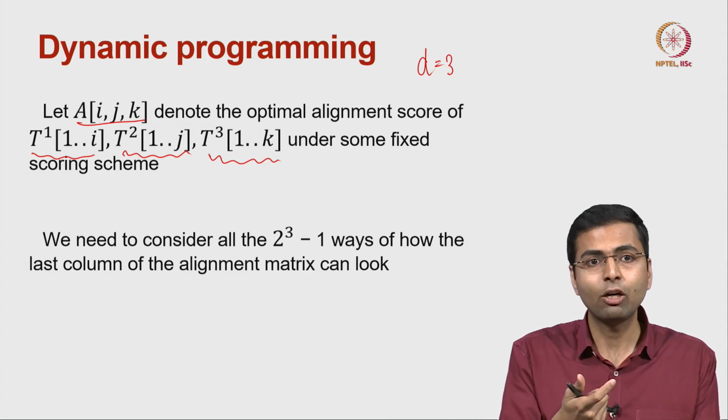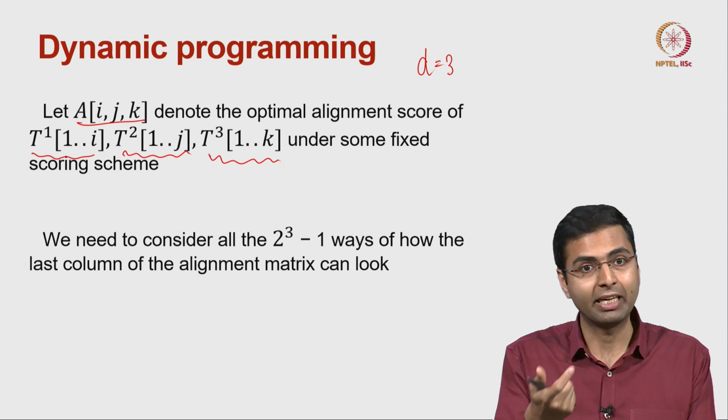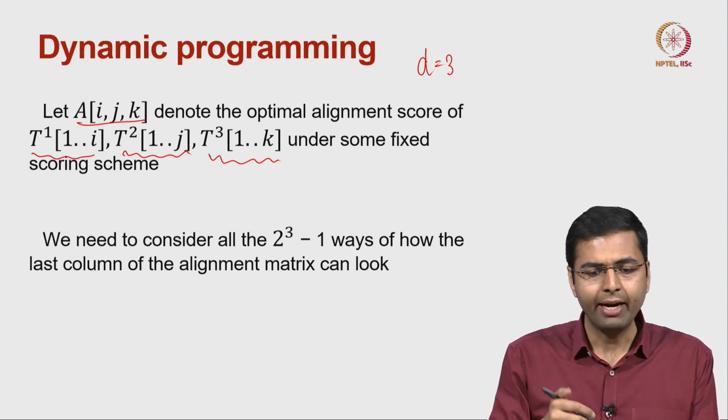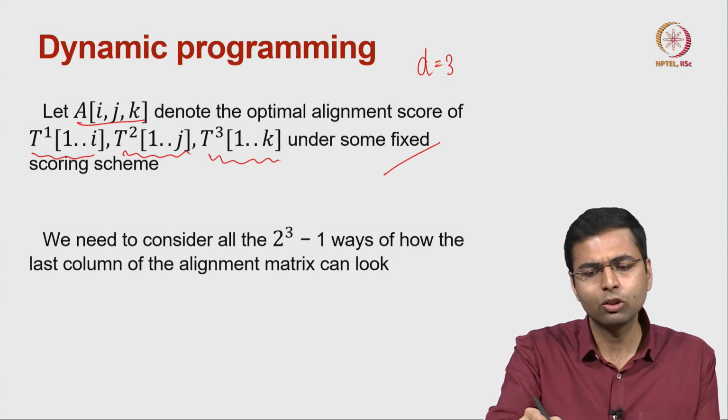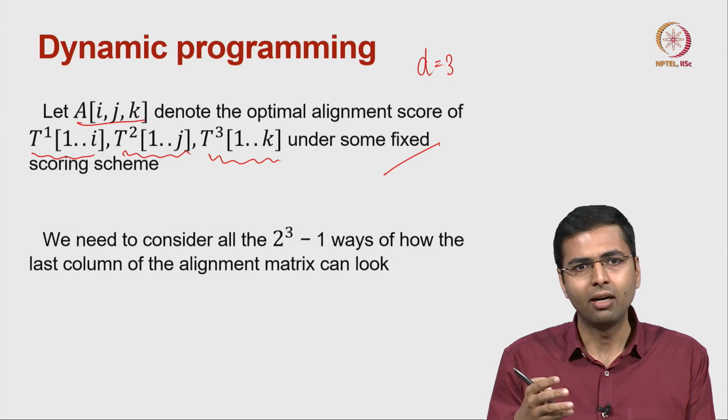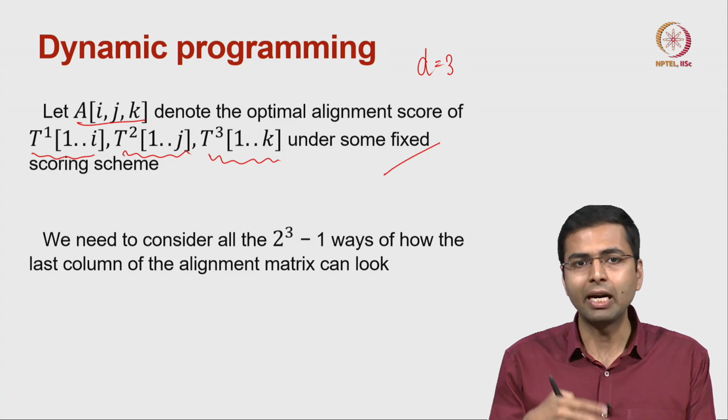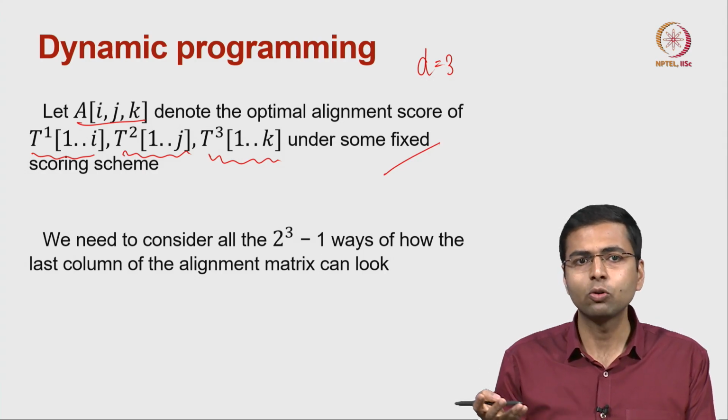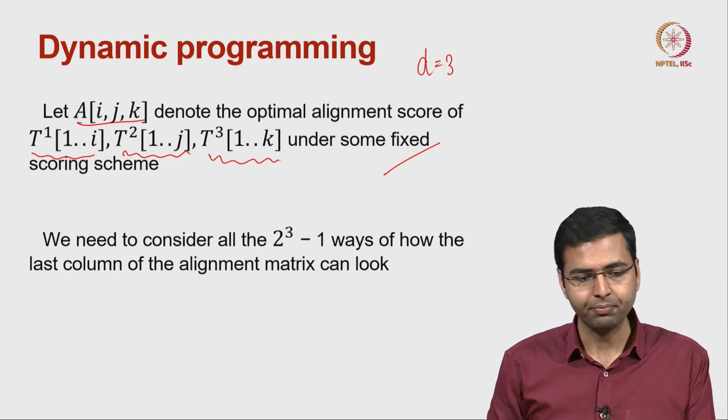These prefixes are of length i, j and k respectively, and we will assume that we are using some fixed scoring scheme. That could be the sum of pairs scoring scheme, the parsimony scoring scheme, or some other scoring scheme that exists in the literature.